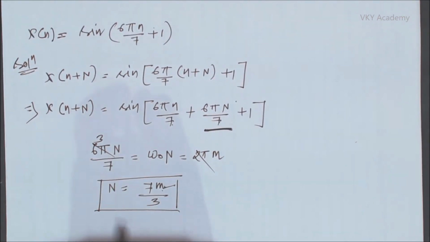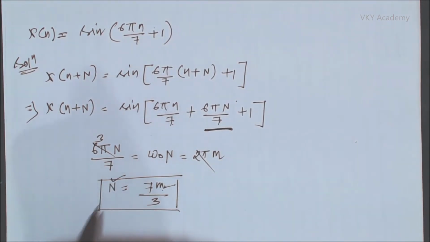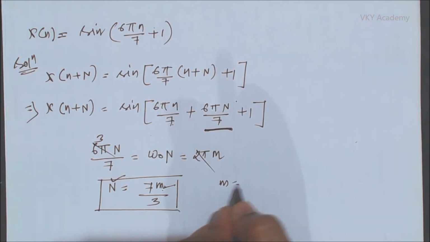So I got a relation between the fundamental period and the integer small m. As we discussed in the previous class, capital N should always be a whole number, an integer. So we need to choose the value of small m in such a way that capital N is an integer. The minimum integer value of small m for which capital N is an integer is 3.